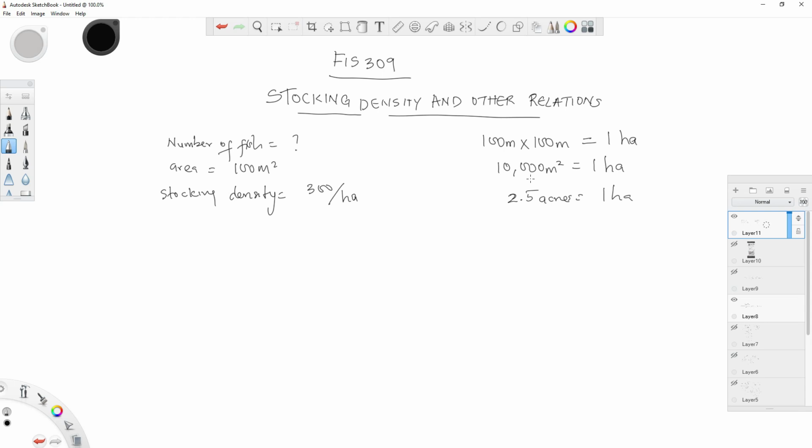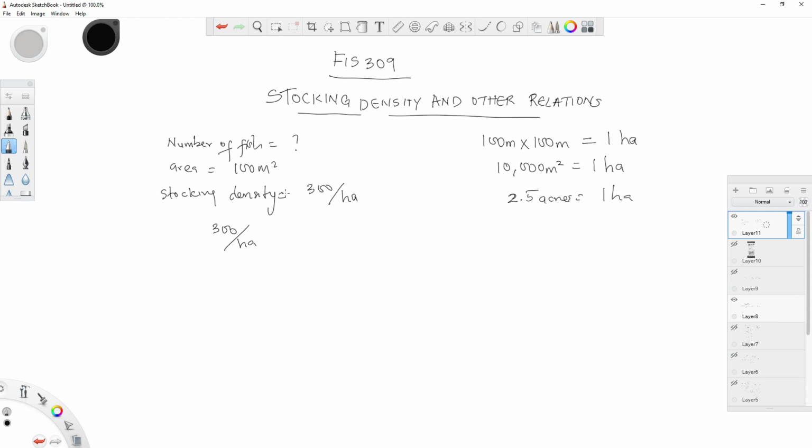So if the stocking density is 300 per hectare, which is actually too small, but it's just a question, or probably the question is not correct, because the number of fish to the area of land is too small.